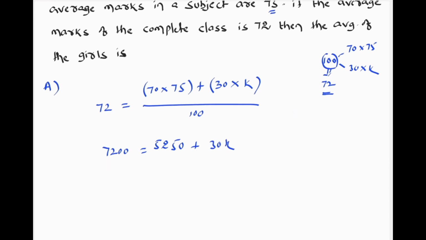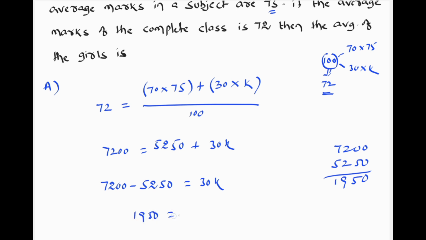On transposing, 7200 minus 5250 is equal to 30k. So 7200 minus 5250 is 1950, which is equal to 30k.